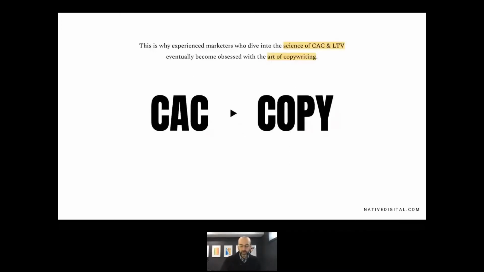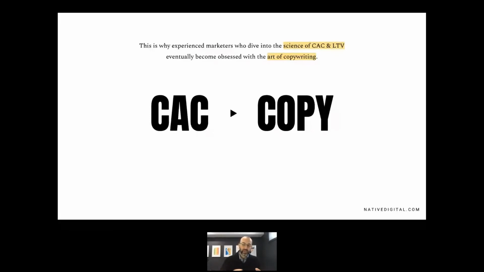So when you run through those types of models, what I've noticed firsthand in my experience is that the people who have been in marketing for a number of years, let's just say 10 years in, they're starting to figure some stuff out. Typically at some point in their career, they've felt a real appreciation for the science of marketing. They can talk to you about CAC, they can talk to you about LTV, they can tell you the ins and outs of all of this kind of modeling.